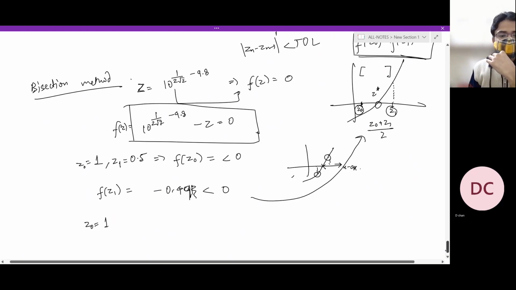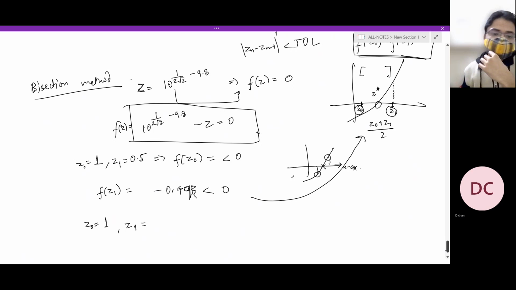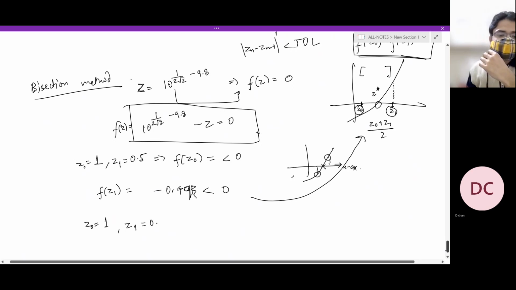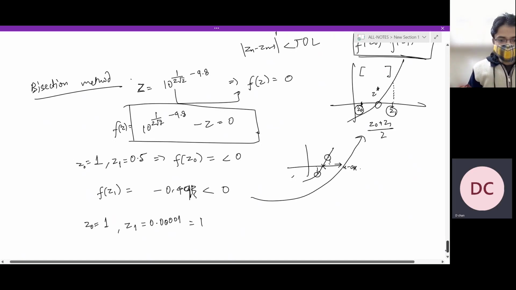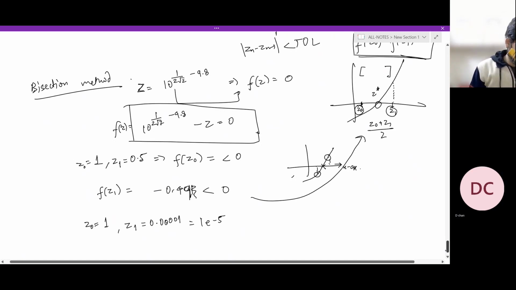So then we need to change the guesses, right? Let's say we have Z0 equal to 1, and Z1 we replace by a low value, something like 0.0001, maybe. We could try this one. This is effectively 1e minus 5.